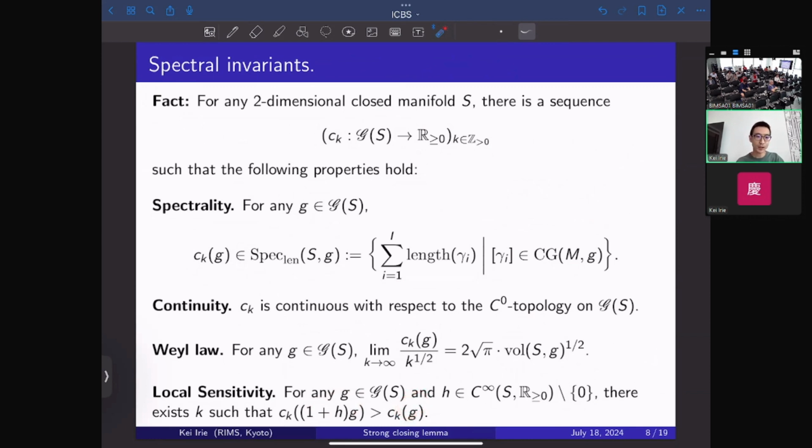Of course, the local sensitivity is much weaker than the Weyl law, but this is sufficient to prove the closing lemma. We call such a sequence of functions spectral invariants. I will explain how to construct these spectral invariants later, and let me first explain how to use these properties to prove the closing lemma.